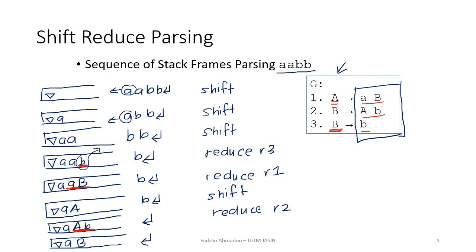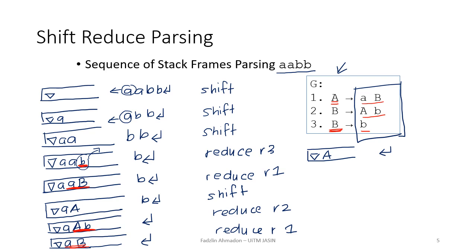Next, if we scan again the symbols on top of our stack, we will notice that AB is the symbols on the right side of rule 1. Therefore, both of these is the handle, and we can do a reduce operation using rule 1, and our stack now will have bottom marker and A, and our input is N marker.